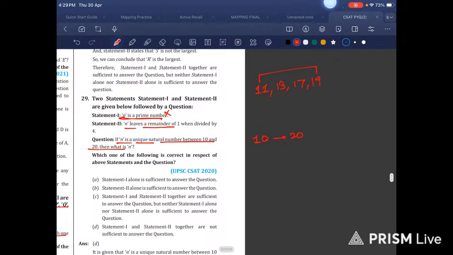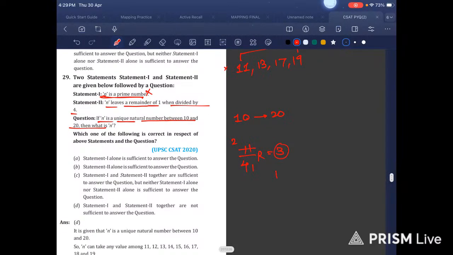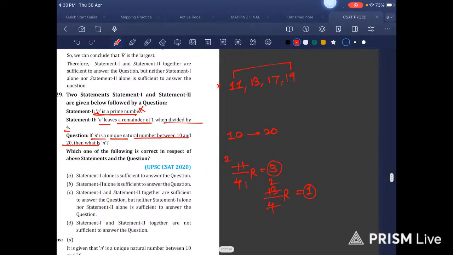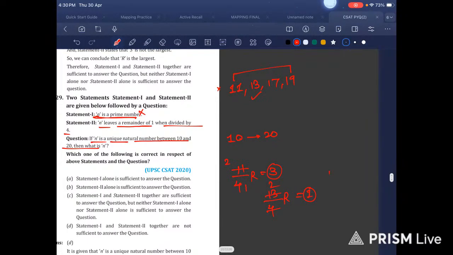N leaves a remainder of 1 when divided by 4. 11 upon 4: 4 1s are 4, 4 2s are 8, 9, 10, 11. Remainder 3, so this is not correct. 13: remainder is 1. 17 divided by 4, remainder is also 1.